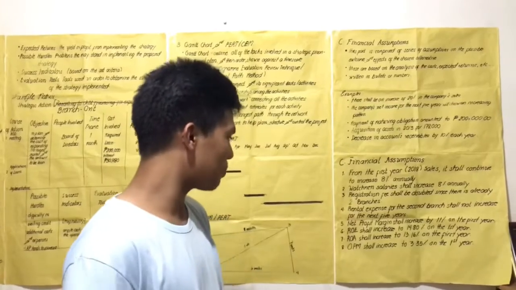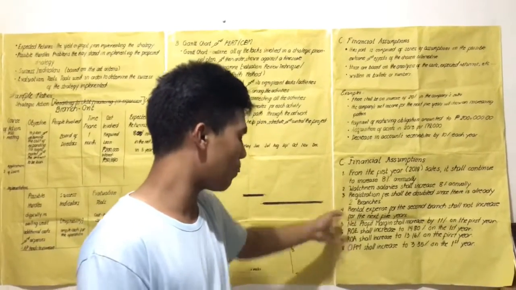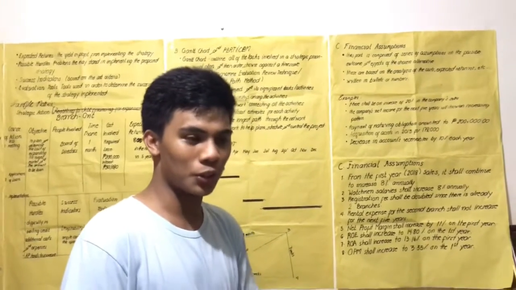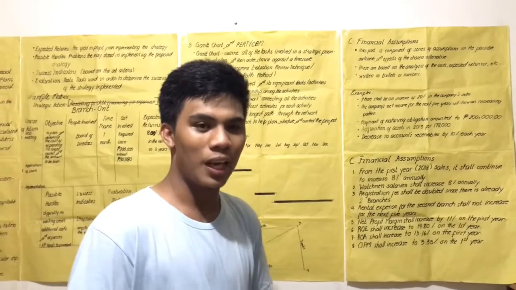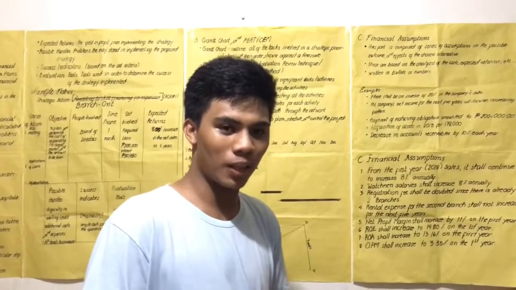Next, the rental expense for the second branch shall not increase in 5 years, and other financial assumptions. So financial assumptions are the building blocks of the financial projection. The preparation of the financial statements includes the projected balance sheet, projected income statement, and projected cash flow statement of the company.